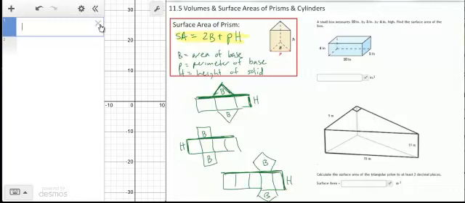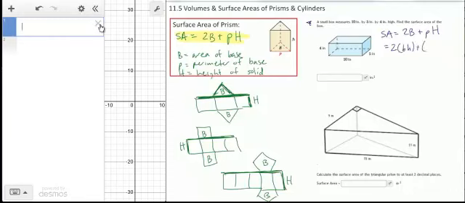Okay, so really quickly, see if you can calculate the total surface area of this box, this rectangular prism. Okay, if you're familiar with the formula, you can just apply it. 2 times B plus P times H, where the base is a rectangle, so base times height.